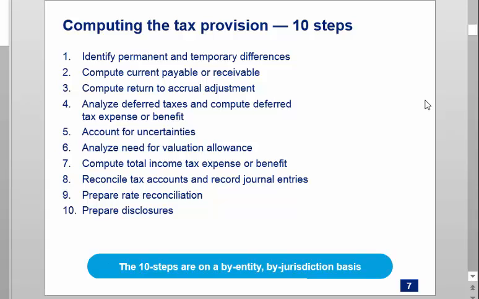Okay? So 5, account for uncertainties. That means if you're a company that has tax exposures and you haven't already included a tax payable with your tax return, you might still need to account for a tax exposure.